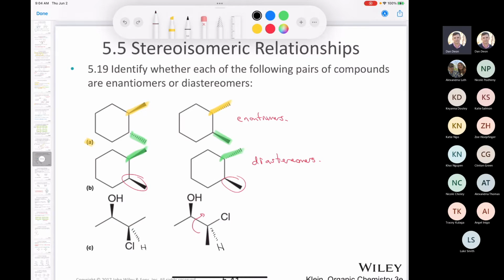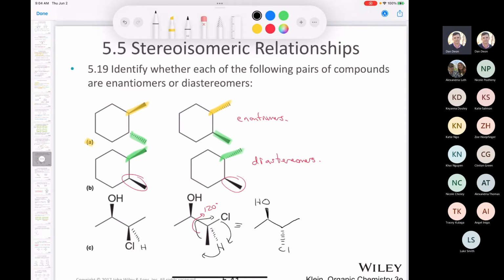I'm rotating that bond 120 degrees, and so what I end up with will be this. This hydroxyl is going to be here, the methyl is going to go up into here, the hydrogen is going to come out in the front, and the chlorine is going to be in the back, right? You see how everything's kind of swapping places. And so the chlorine will be in the back like this.